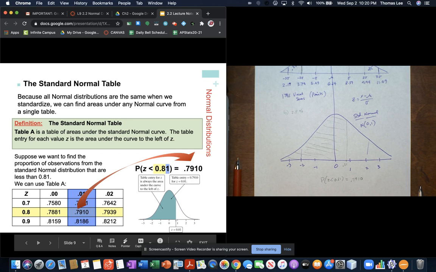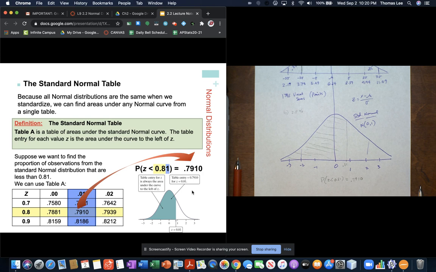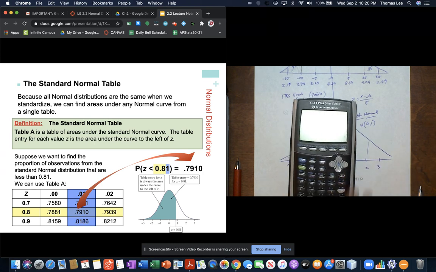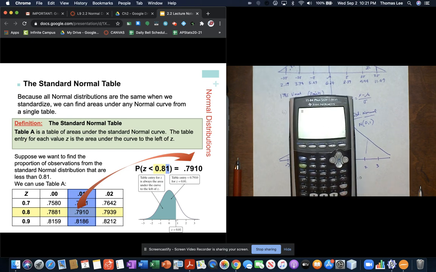Okay, so let's go ahead and find this on the calculator. On the calculator, you're just going to look at what's called distributions. It's up here above vars, so you're going to push second vars, which is basically just distribution.